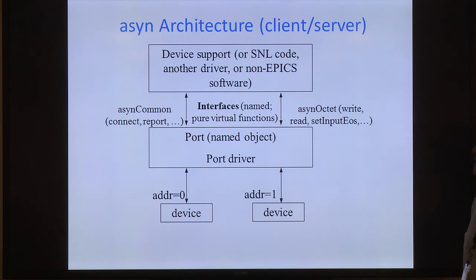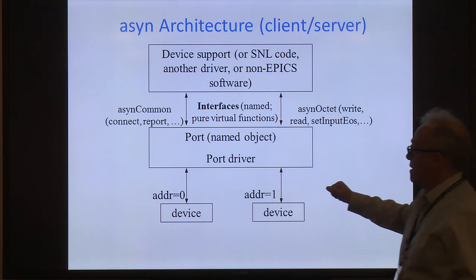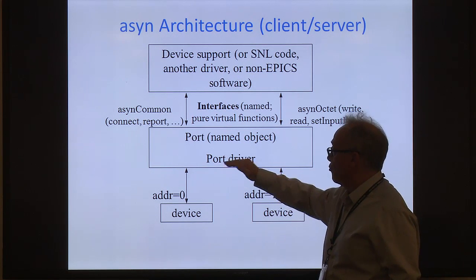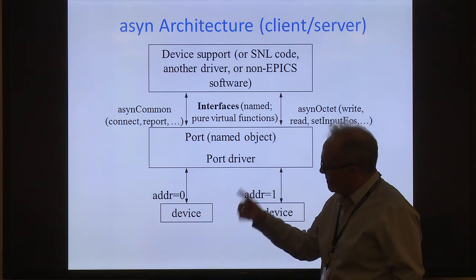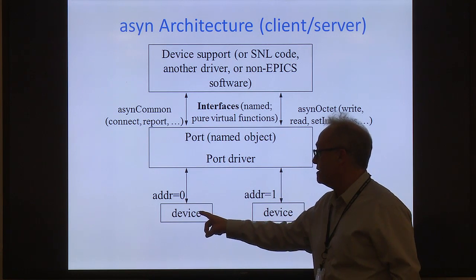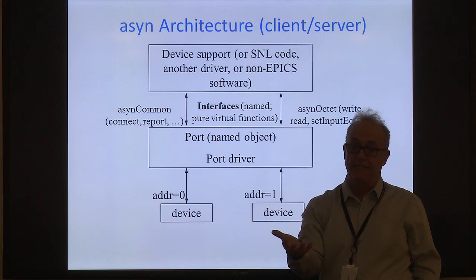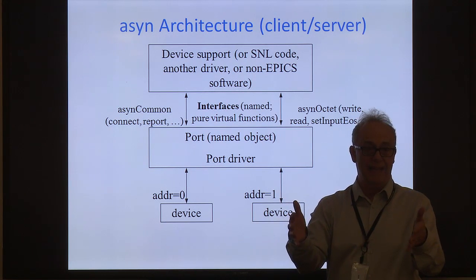And in ASYN, you have an object called a port. And this is the object that's responsible for communicating with a particular piece of hardware. And so you write a port driver here, and it can talk to, in some cases, multiple devices. For instance, let's say it was an ADC, and it's a 16-channel ADC.